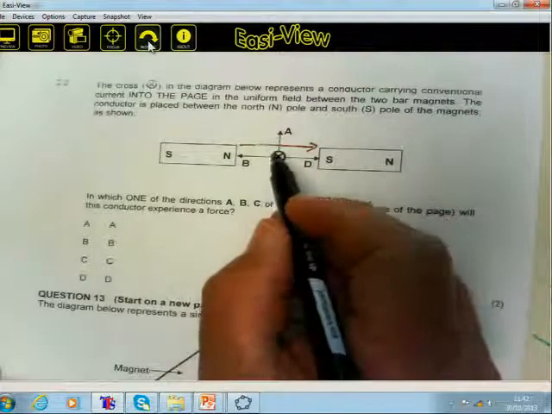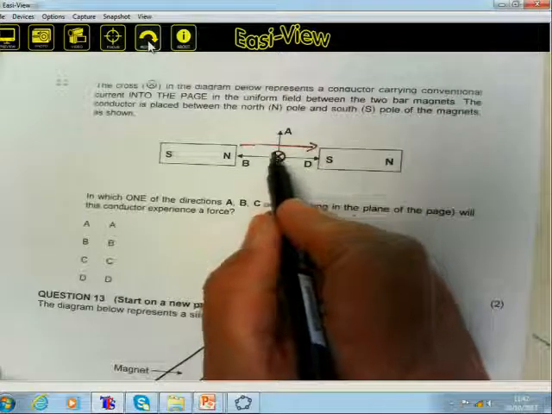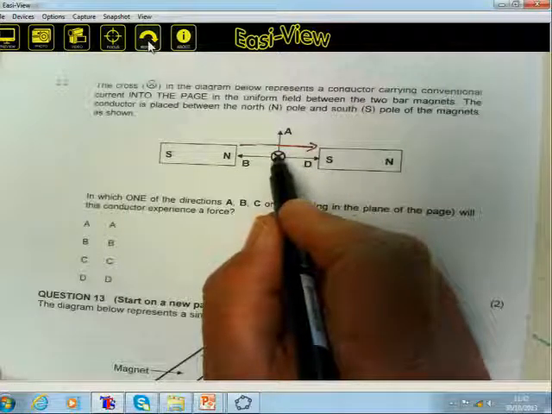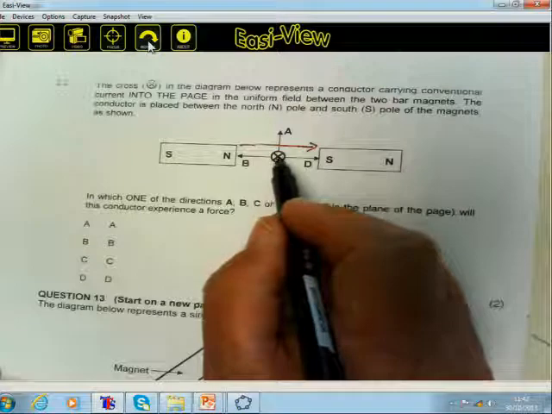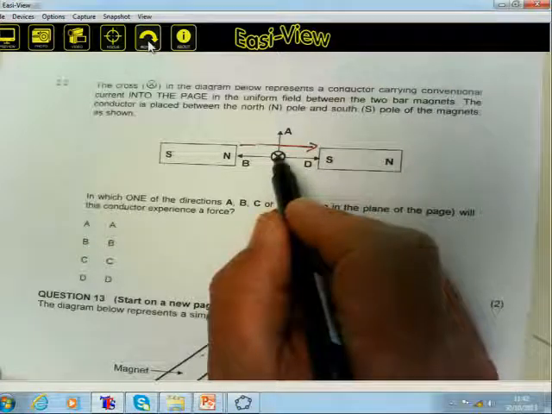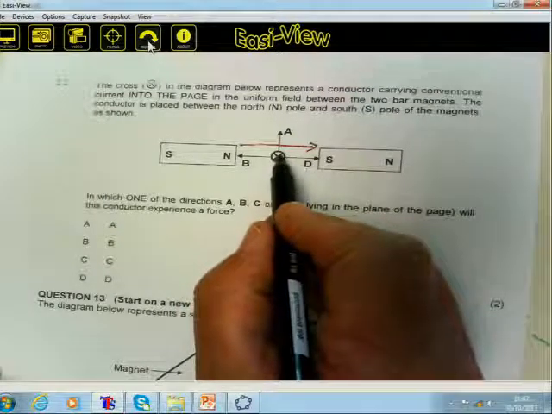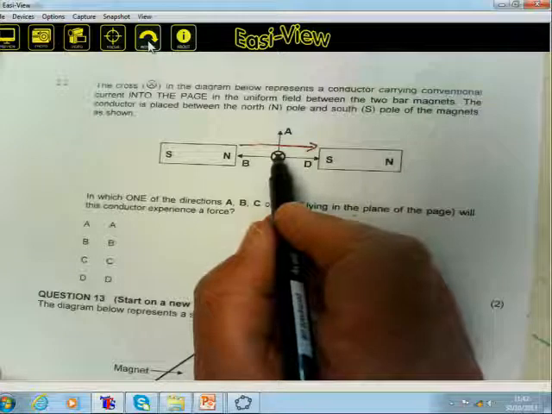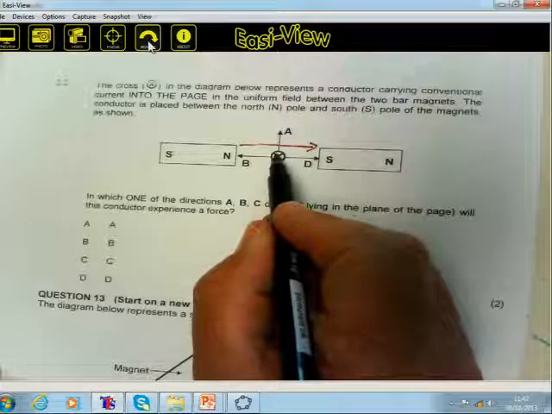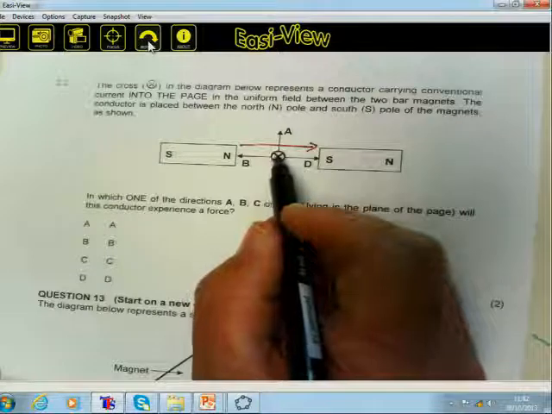apply? In this instance, the current is given to you, so you started with electrical energy, and then there's mechanical energy produced, or mechanical energy is the transferred energy. Right, so therefore you must use Fleming's left-hand motor rule, or then the right-hand rule to indicate the direction.